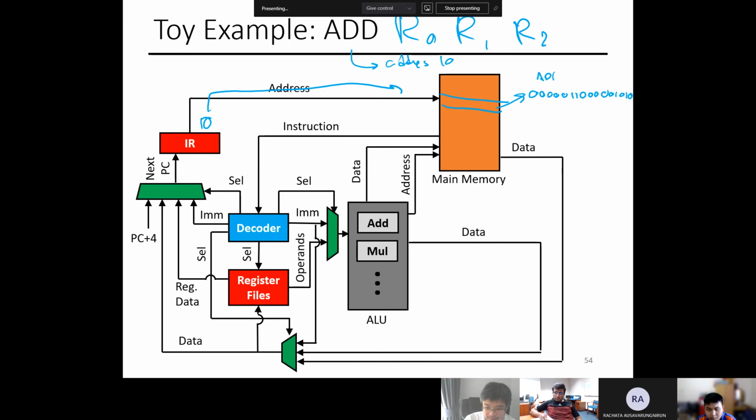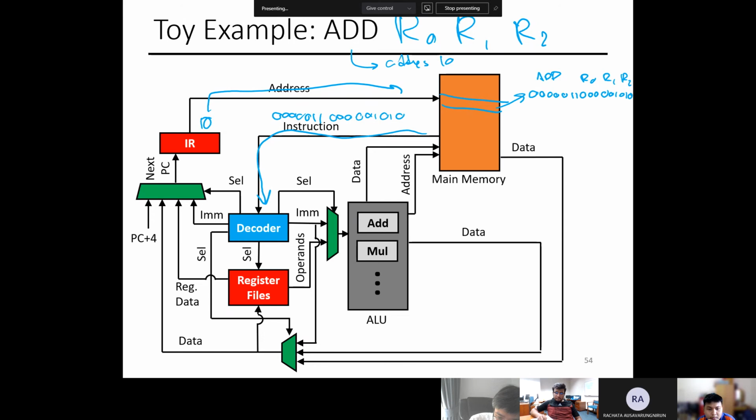This is add R0, R1, R2. You actually see those bits in the main memory. When you put the address for that line, you will actually see those bits. So those 16 bits, 0, 0, 0, 0, 0, 1, 1, 0, 0, 0, 0, 0, 1, 0, 1, 0, would be moved through this line to your decoder.